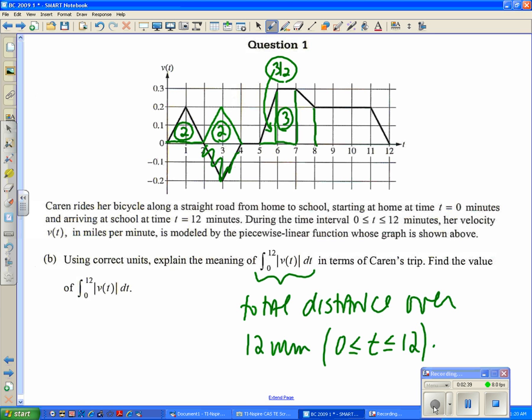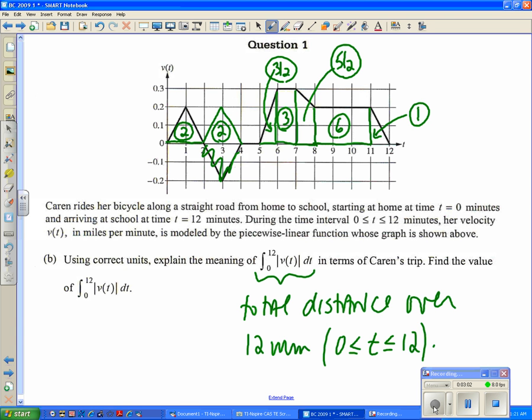We have a trapezoid here whose area is plainly 2.5 or 5/2. We have a big old rectangle here whose area is 6. And then we've got this little triangle here on the end whose area is 1. Again, 1/2 base times height.